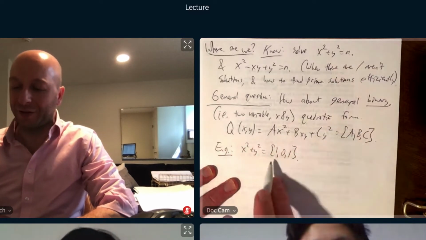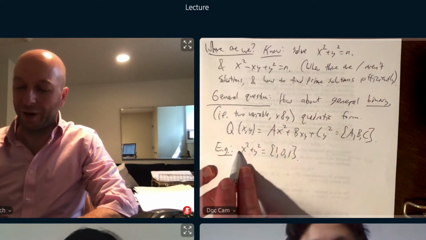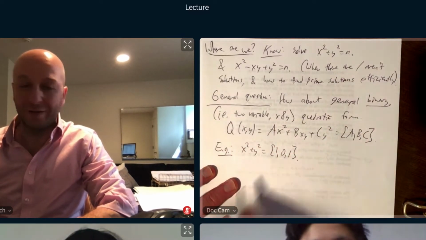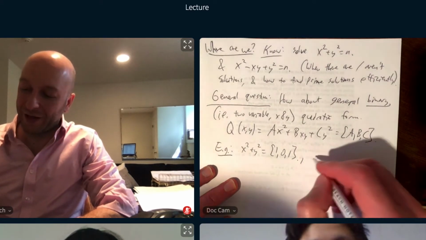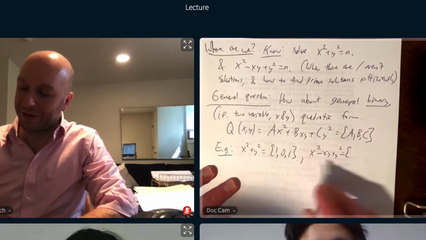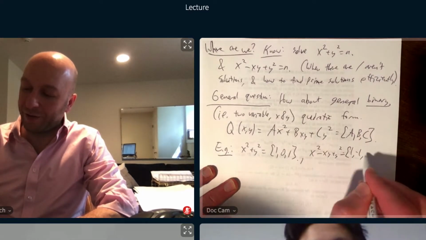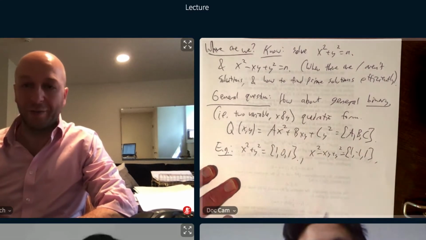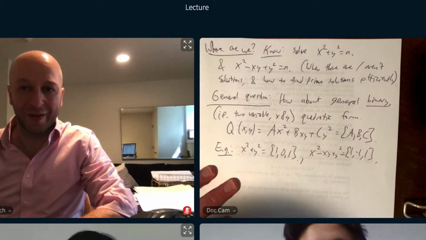There's no cross term. The coefficient is 1, then no xy term, and a 1. And x squared minus xy plus y squared we would write as 1, negative 1, 1. Now there is a middle term.